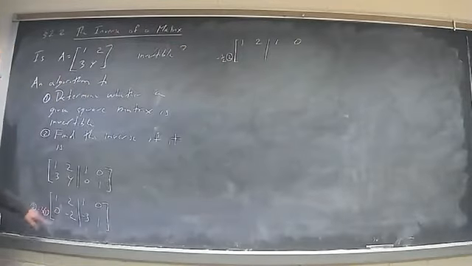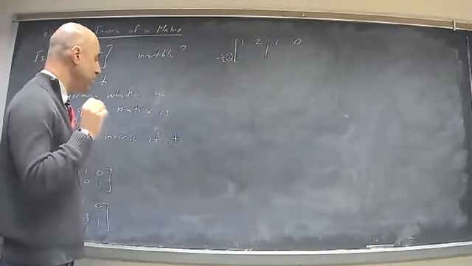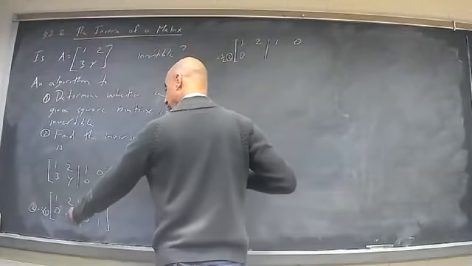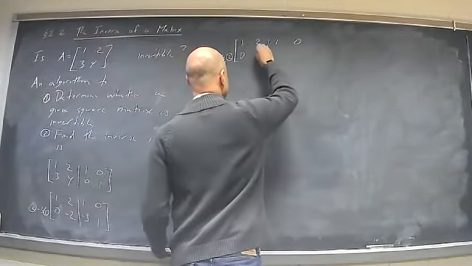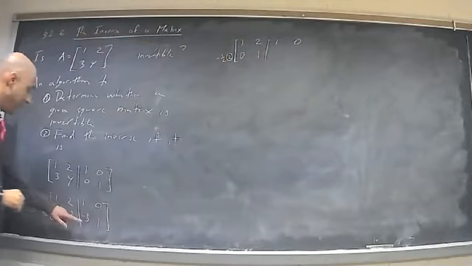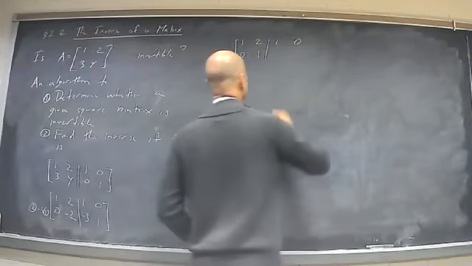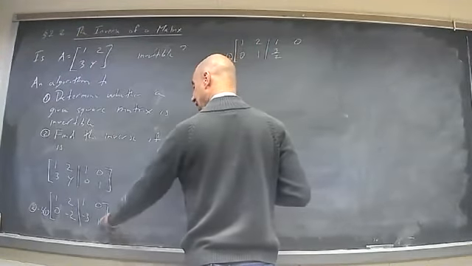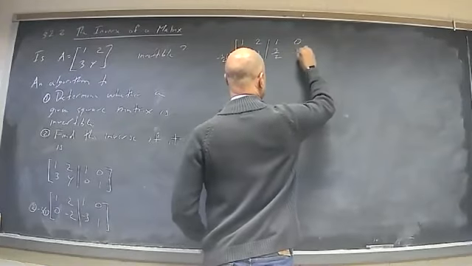Negative 1/2 times 0 is 0. Negative 1/2 times negative 2 is 1. Negative 1/2 times negative 3 is positive 3/2. And negative 1/2 times 1 is negative 1/2.